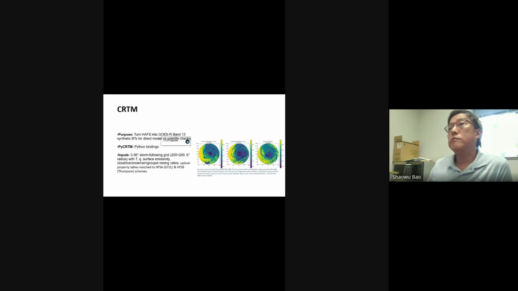So the matched optical property tables are used in this study. And we used the CRTM Python interface in this research.